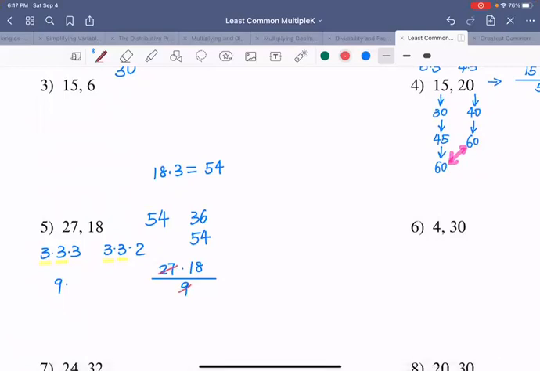So it's going to be 3 and 1. 3 is going to be 27, 1 is going to be over 9. So 3 times 18 equals? 54. There you go. You see? You don't need to write down so many. You can use this way.